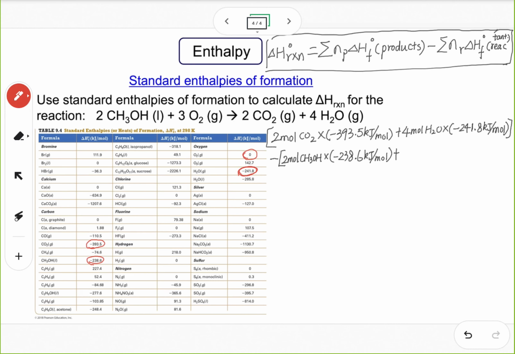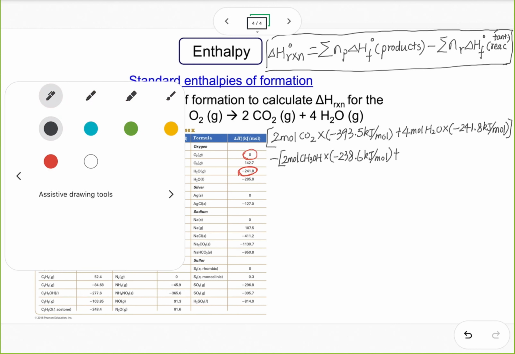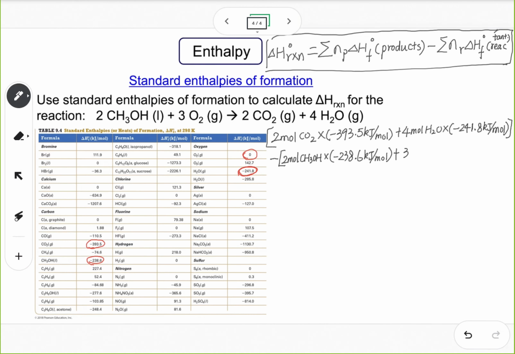All right? Still, let me write that down. You have 3 mole O2, but of course, you multiply 0 kilojoule per mole in this case. All right, this is the whole equation. It's quite long and a lot of numbers get involved, so just be careful.